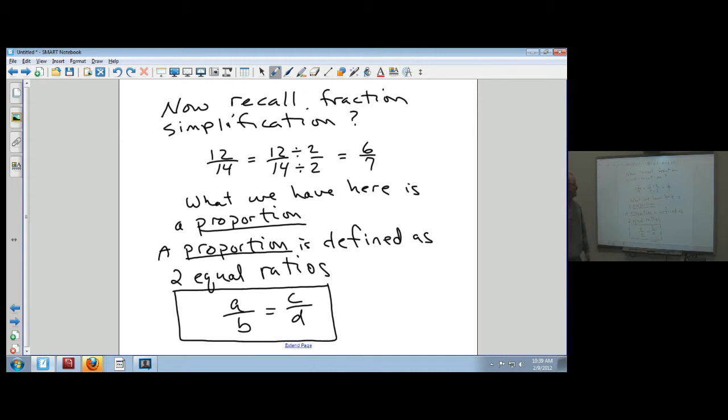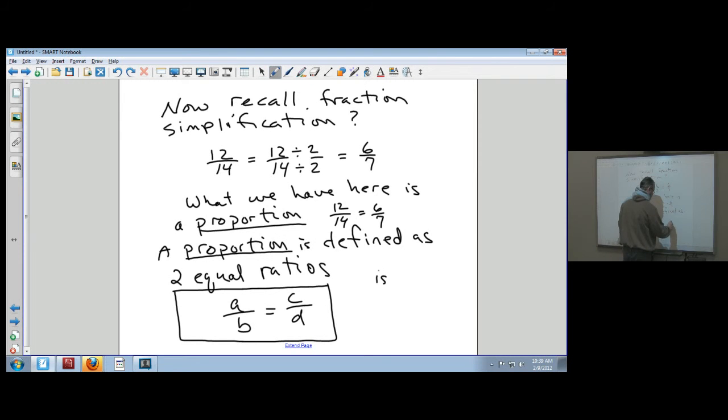Now what we have here is a proportion because we have 12 over 14 equals 6 over 7. What that means is the exact same thing is done to the numerator as it is to the denominator. We can create any kind of proportion as long as we do the same operation to the numerator as we do to the denominator. So a proportion is defined as two equal ratios.